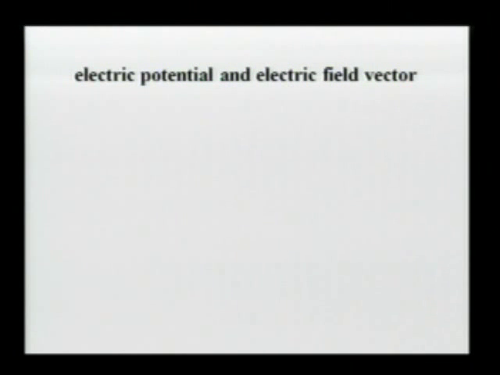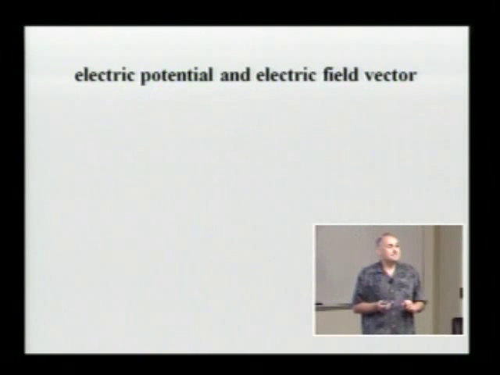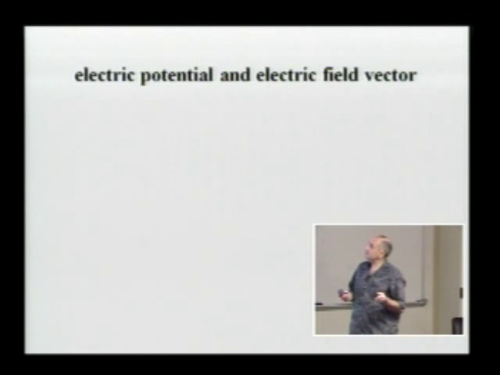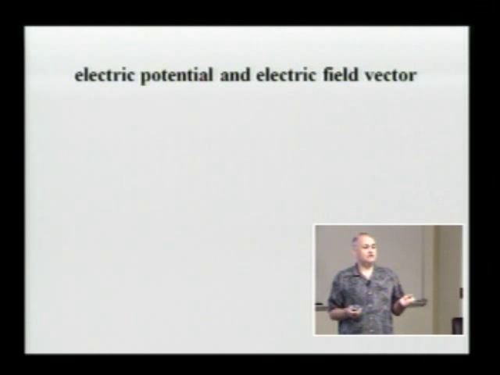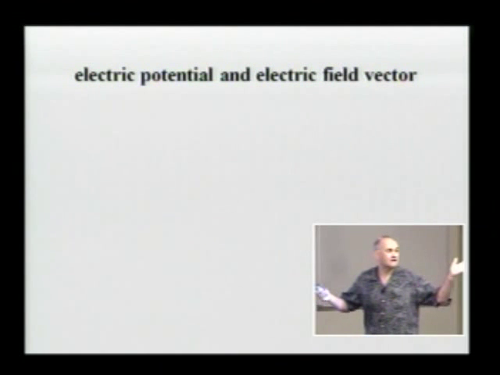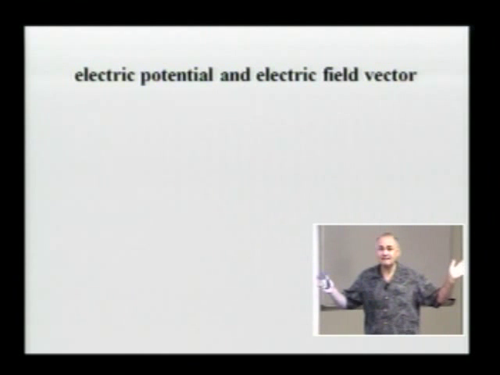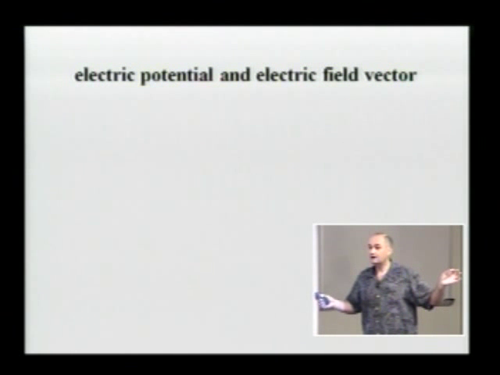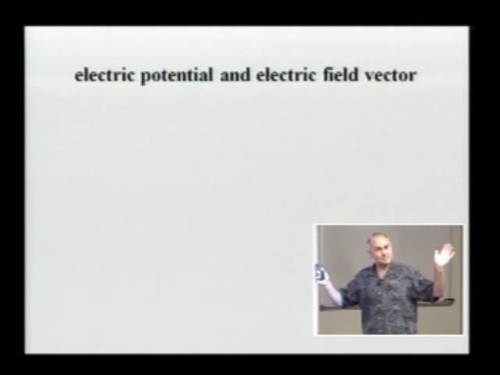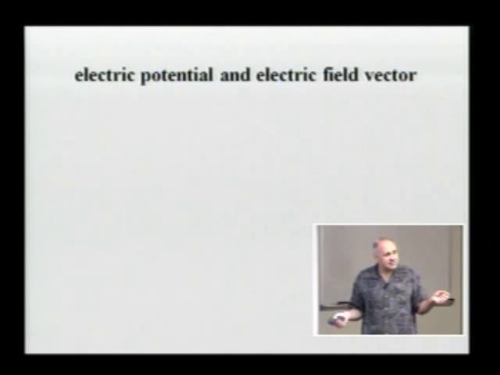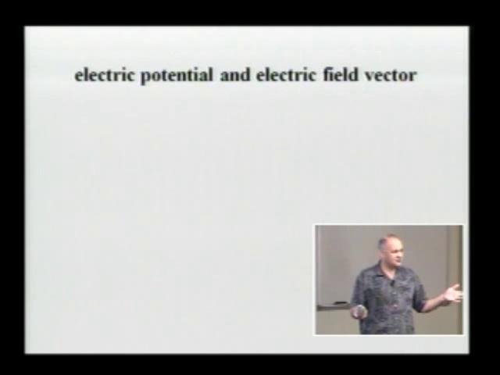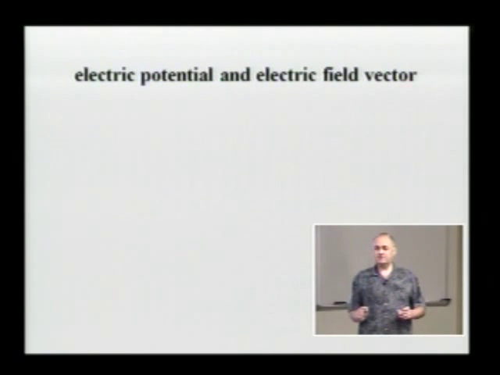Now, because electric potential and electric field vector describe the same thing, they are used to characterize the same thing. What? The space. Electric field vector characterizes the space. Electric potential characterizes the space. You should imagine it somewhat differently.